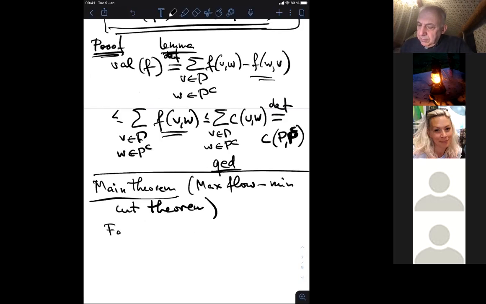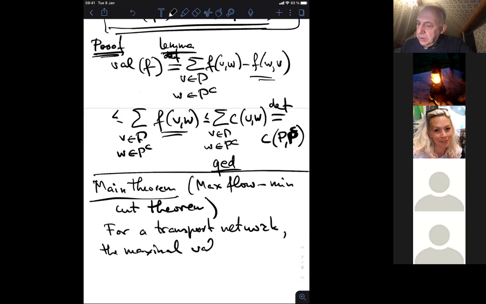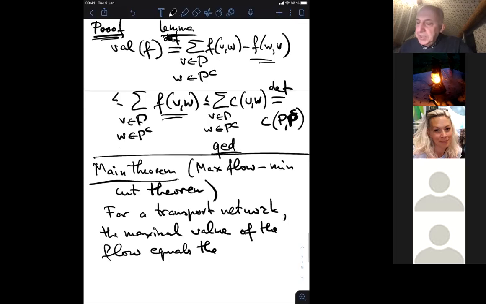For a transport network, the maximal value of the flow equals the minimal capacity among its cuts.